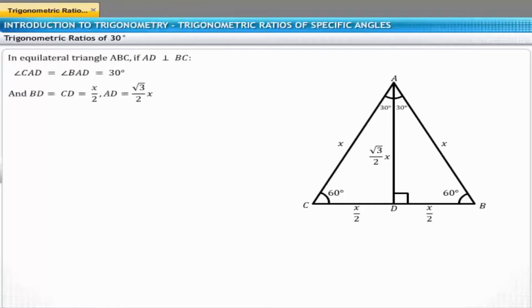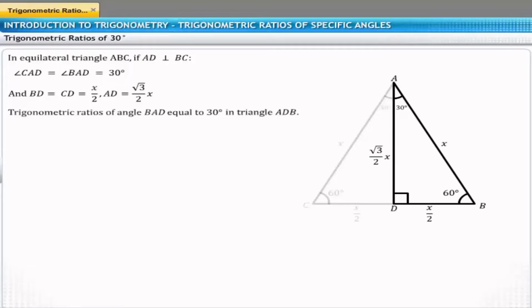Remember, when we drew AD perpendicular to BC, we not only divided BC into two equal parts, but we also divided angle BAC into two equal parts. Now, let us find trigonometric ratios of angle BAD equal to 30 degrees in triangle ADB.